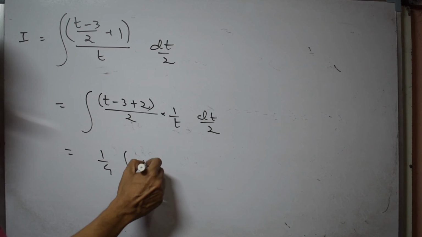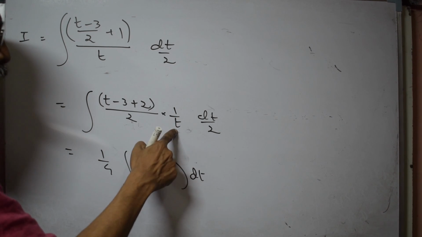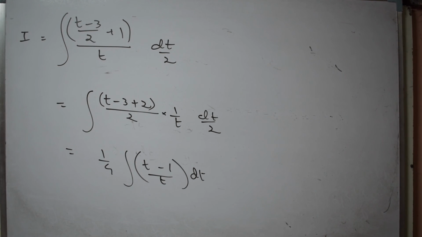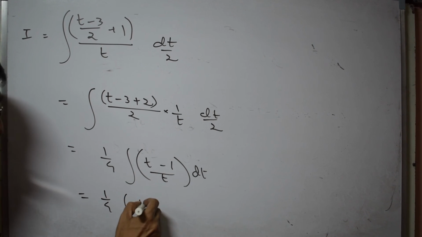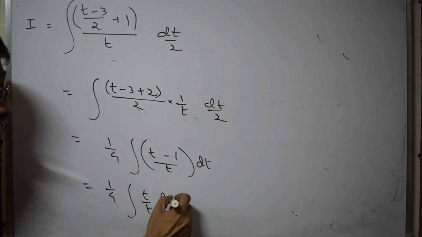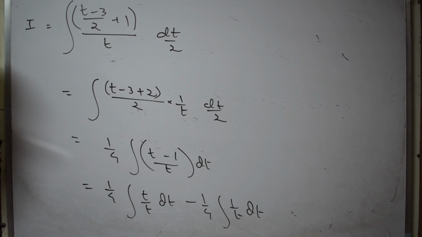And then the numerator, (t minus 1) by t. Now we will simplify further. That is 1 by 4 t by t dt, this is the first part, minus 1 by 4 1 by t dt.